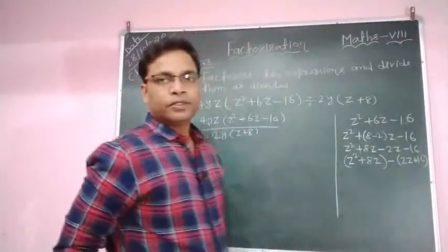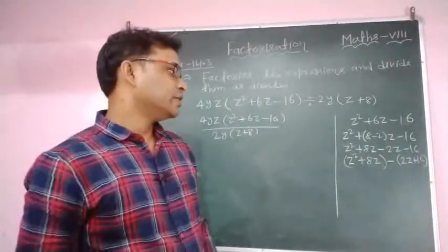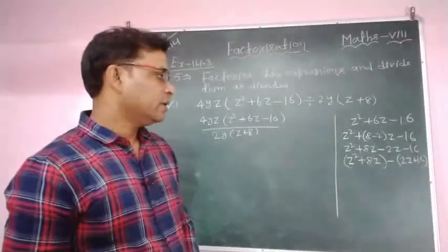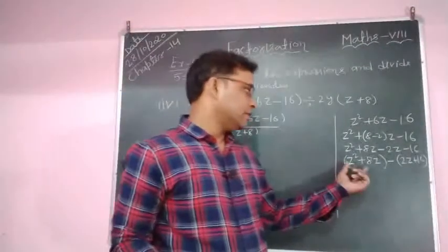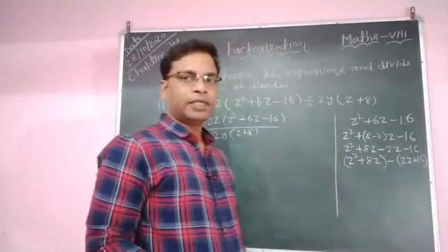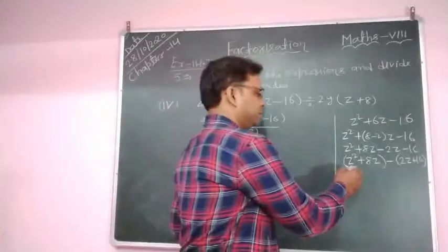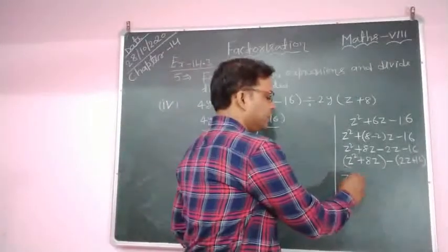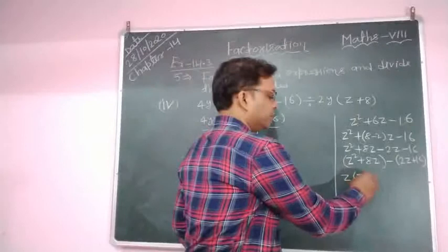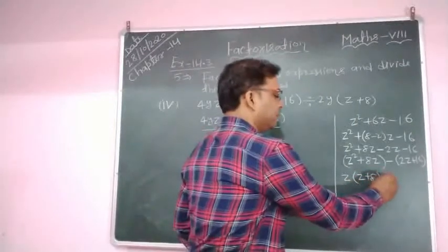Clear? So in the first terms, what is common? Z is common, so we take z as common. So z plus 8. Here we have the minus.